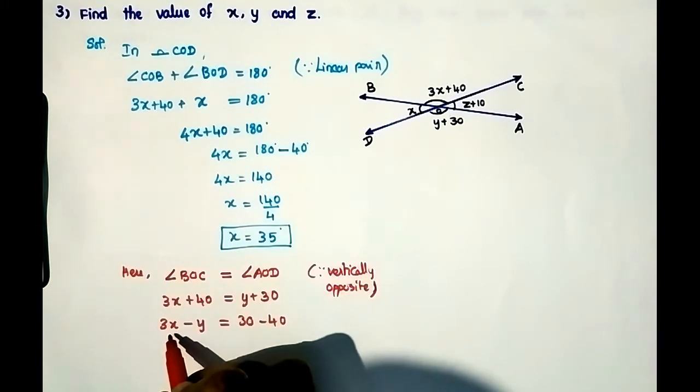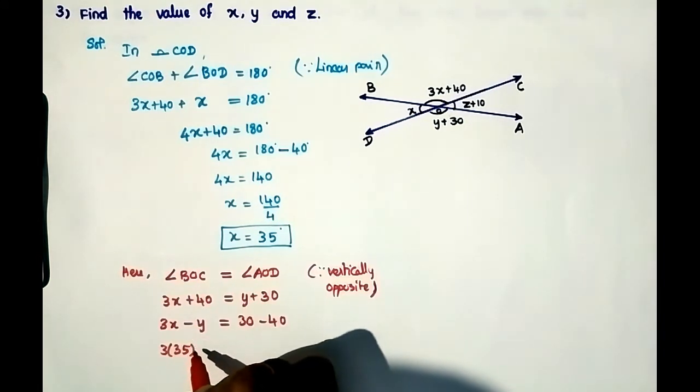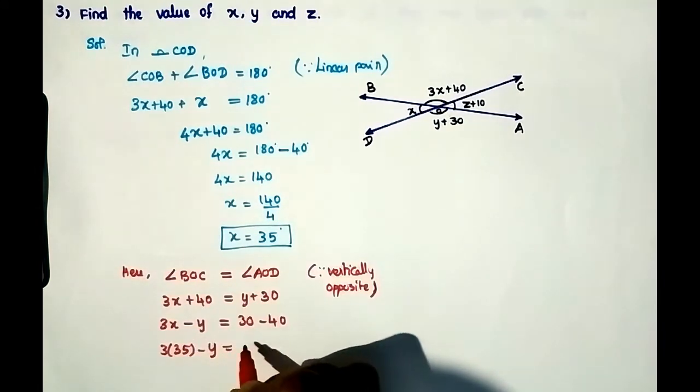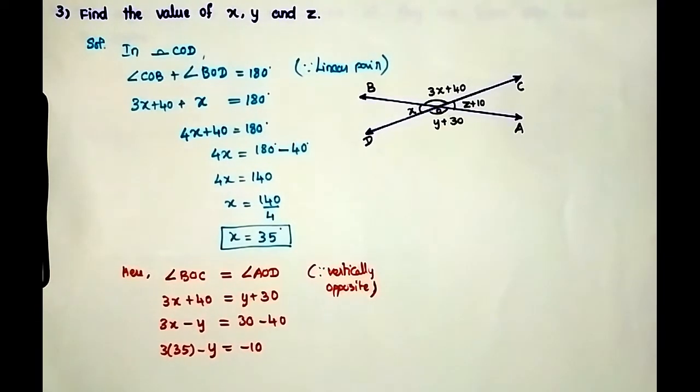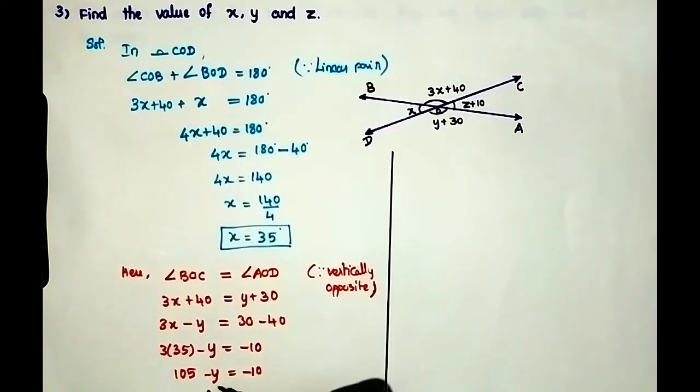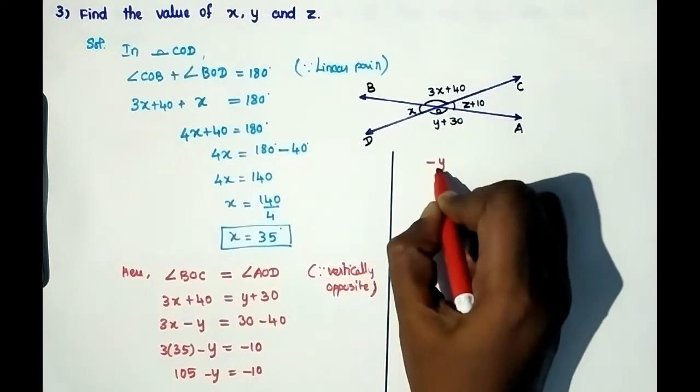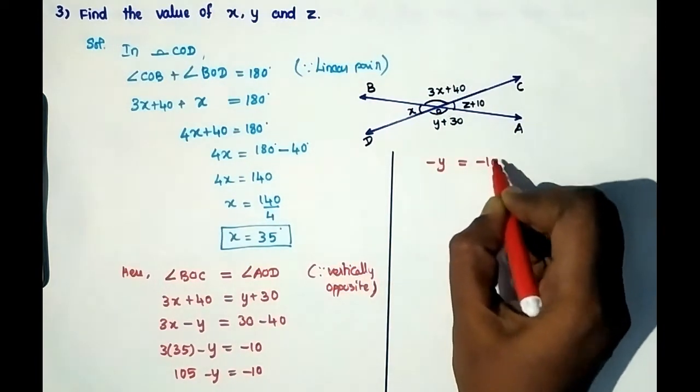Here 3x, 3 into 35. We know that the x value. So minus y equal to 30 minus 40, that is minus 10. 3 times 35 is 105, minus y equal to minus 10.